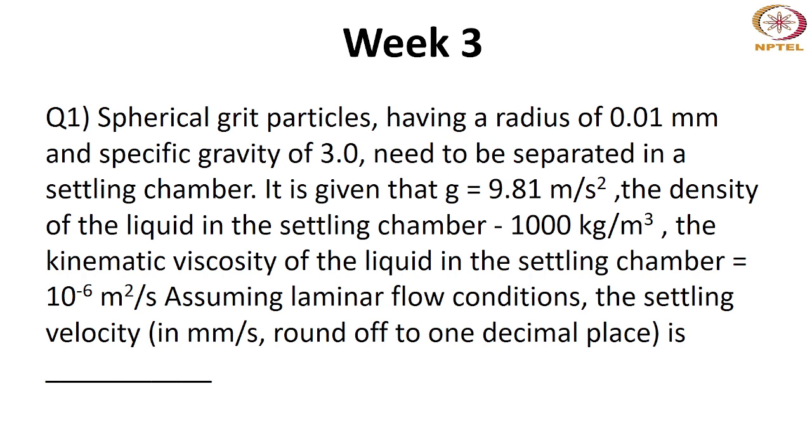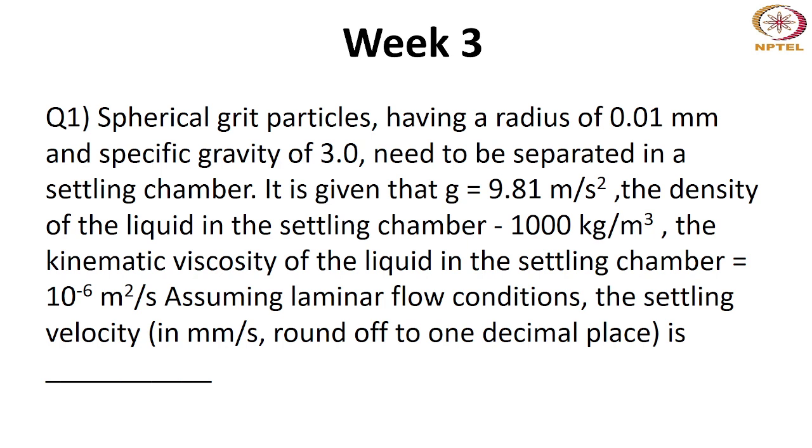There is a spherical grit particle having a radius of 0.01 millimeter and specific gravity of 3. It needs to be separated in the settling chamber. It is given that g equals 9.81 meter per second square. The density of the liquid in the settling chamber is around 1000 kg per meter cube.